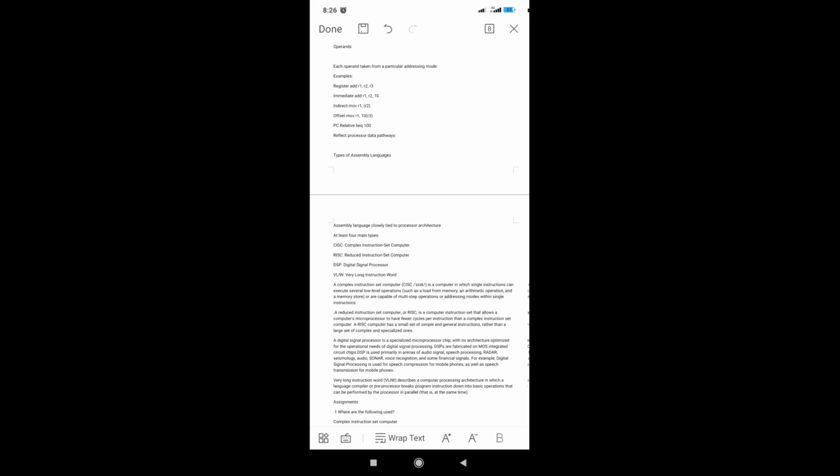We'll be taking a brief look at each one of these types of assembly languages.